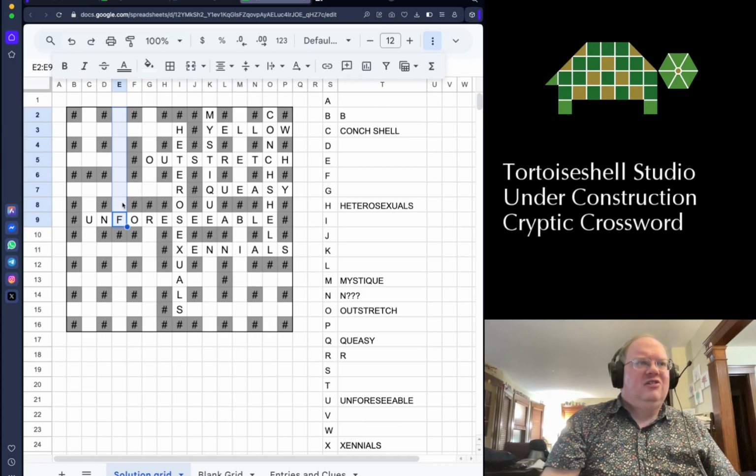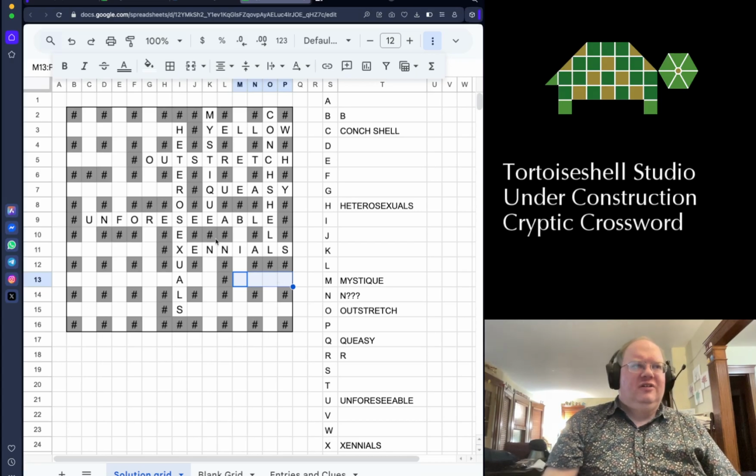It's not so weird. I get the feeling that some of these things, like these two short fours, are going to be useful for getting, and possibly over here as well, for getting some of the last letters. So I'll wait to fill those.